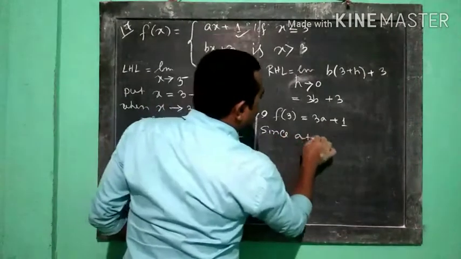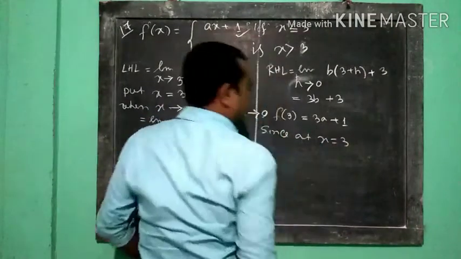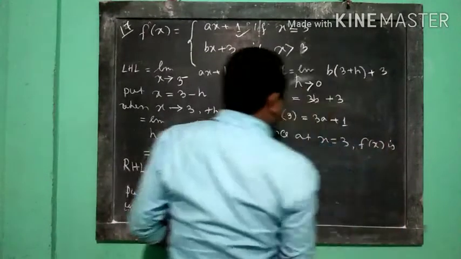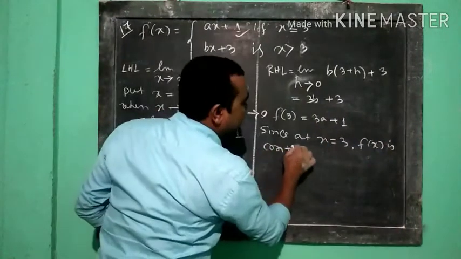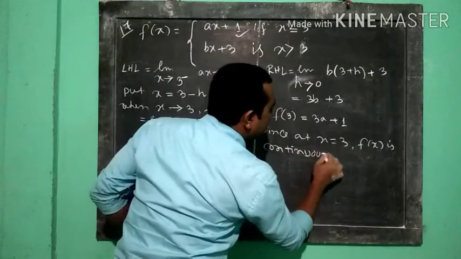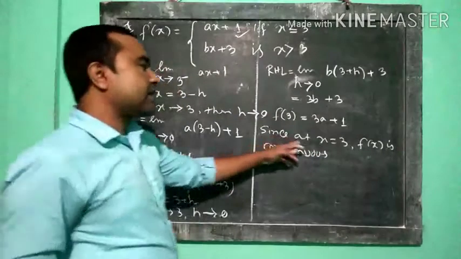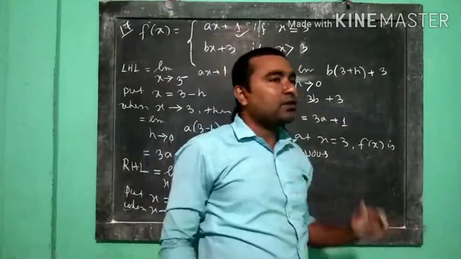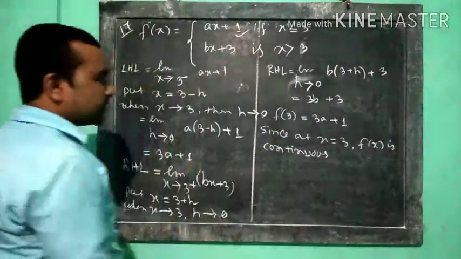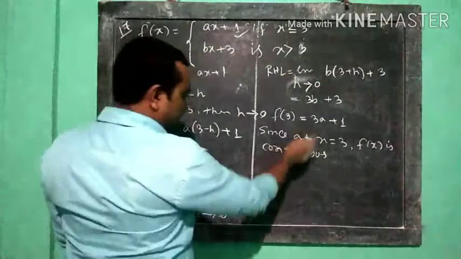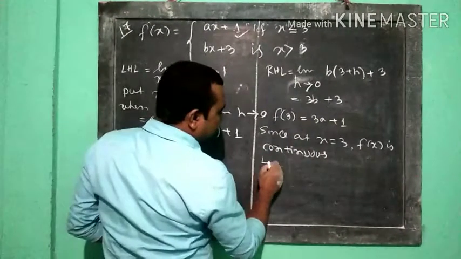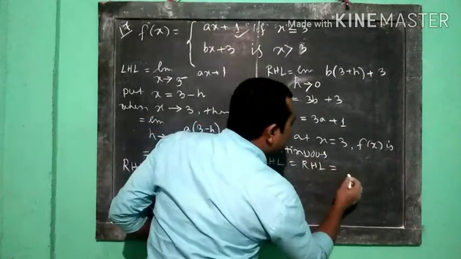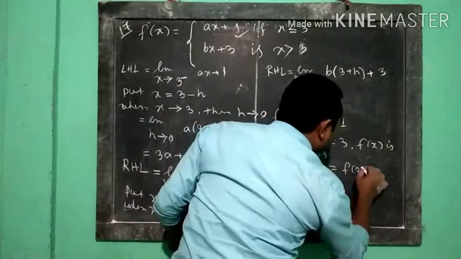Since according to the question f(x) is continuous at x equal to 3, we write: left hand limit equals right hand limit equals f of 3.